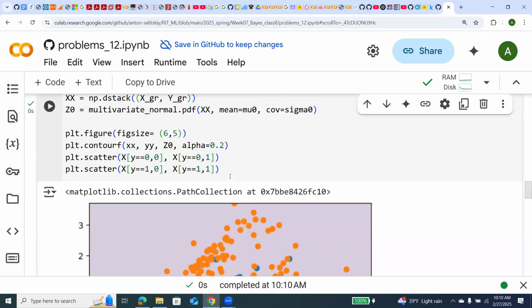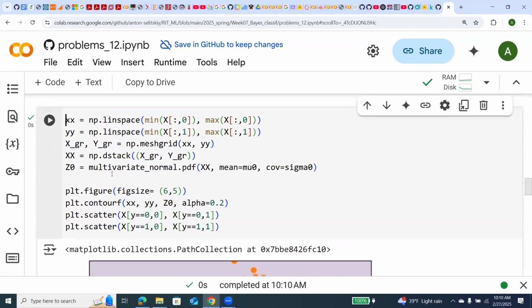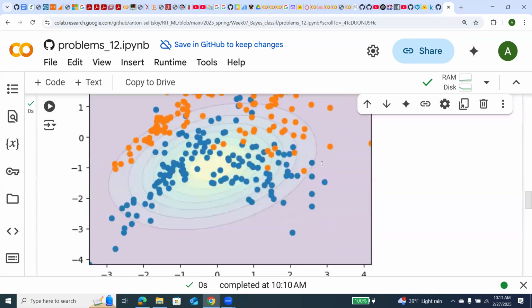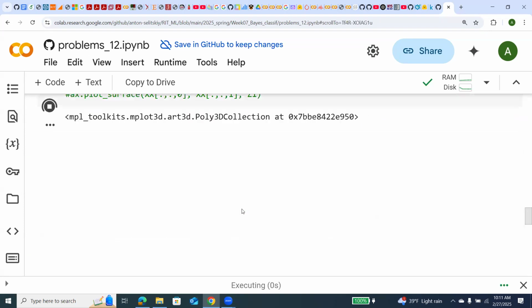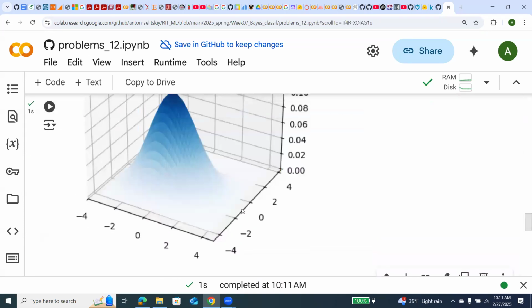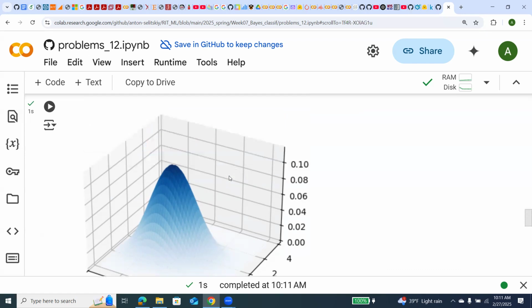So I plotted for class 0 the multivariate normal, and it looks like this. This is the projection. In 3D, it will look like this. The highest probability will be at the mean, and then the probability will decrease.